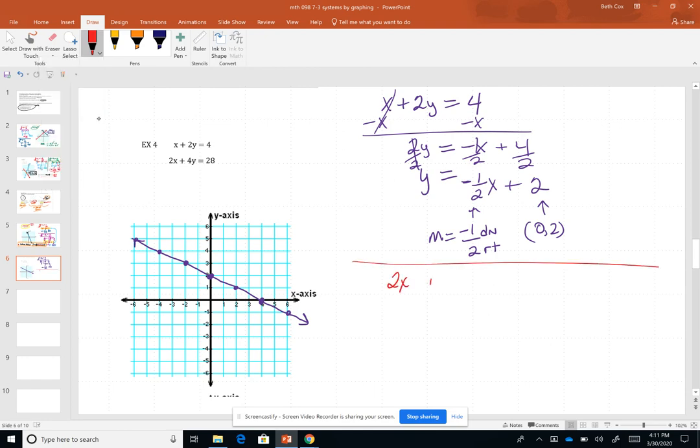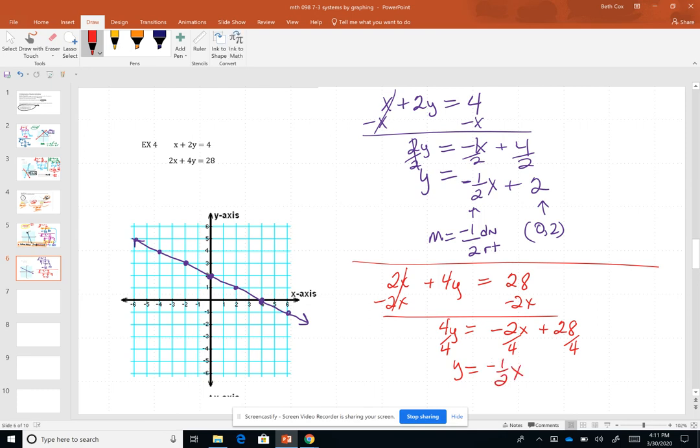All right, change colors for the second one. I have 2x plus 4y equal 28. Subtract 2x on both sides. 4y is equal to negative 2x plus 28. Again, stop the video every now and then and see if you can finish this problem before I do. Or if you get it right. Divide everything by 4. I get y is equal to negative 1/2 x plus 7.